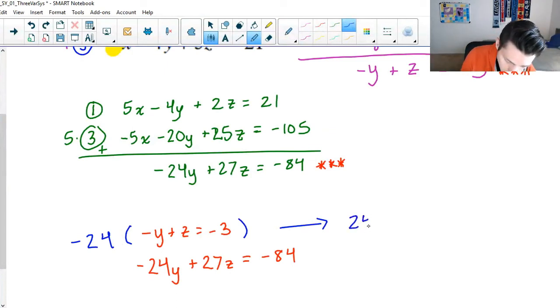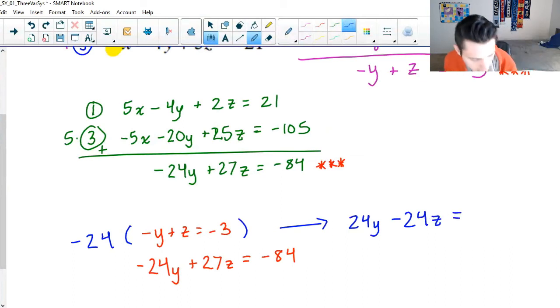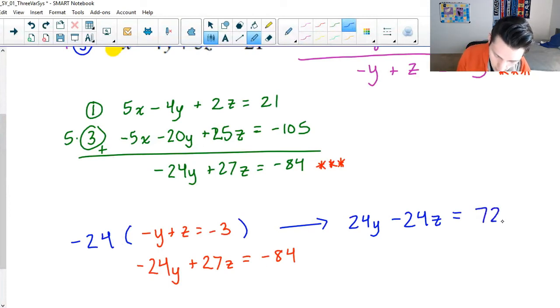So that creates positive 24y minus 24z equals negative 24 times negative 3. So that would be positive 72. Right? 20 times 3 is 60, 4 times 3 is 12, 72. Yeah.